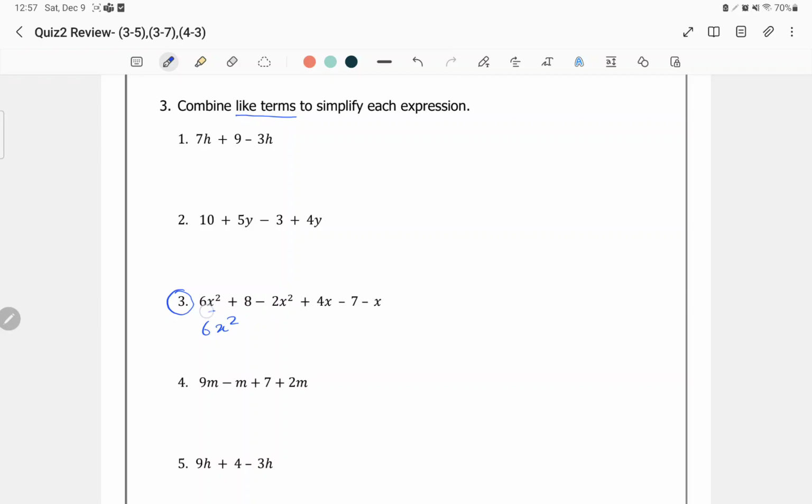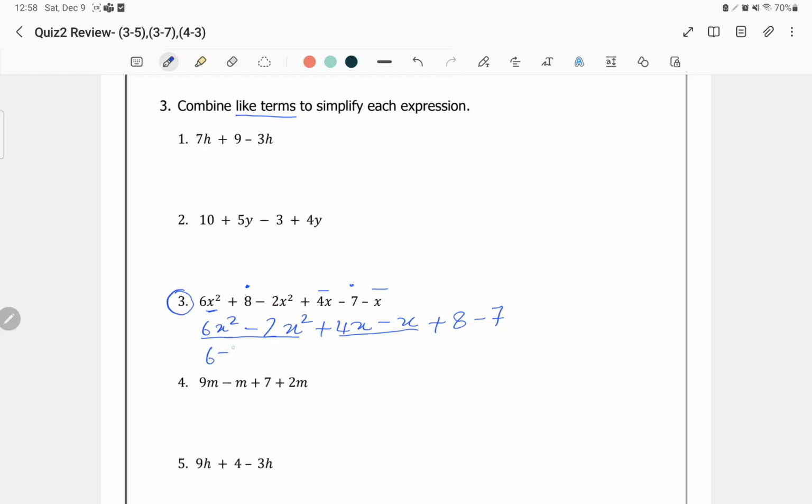Then you have plus 4x minus x, so plus 4x minus x as it is. Then you have plus 8 minus 7, so plus 8 and minus 7. Now here I will be applying the distributive property of multiplication that I taught you, which means you can take the x square common.